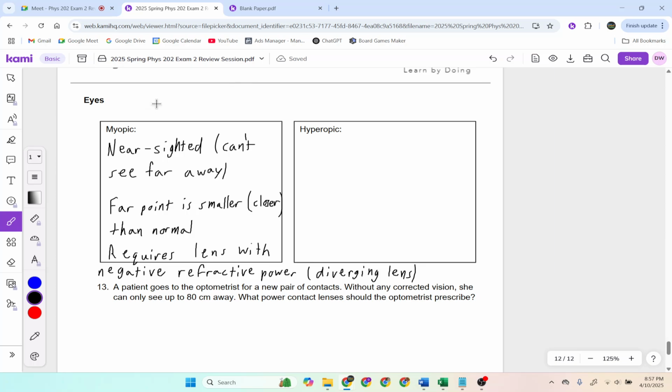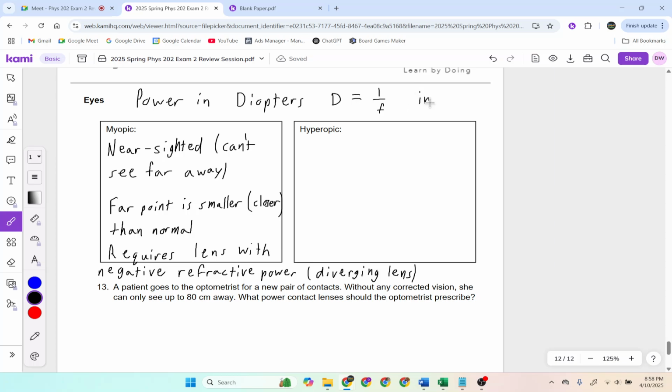So one thing to note, we're going to be talking about how we measure the power of lenses and stuff. Power is going to be measured in something called diopters, which is a very funny name. Which has the equation D equals 1 over F, 1 over the focal length.